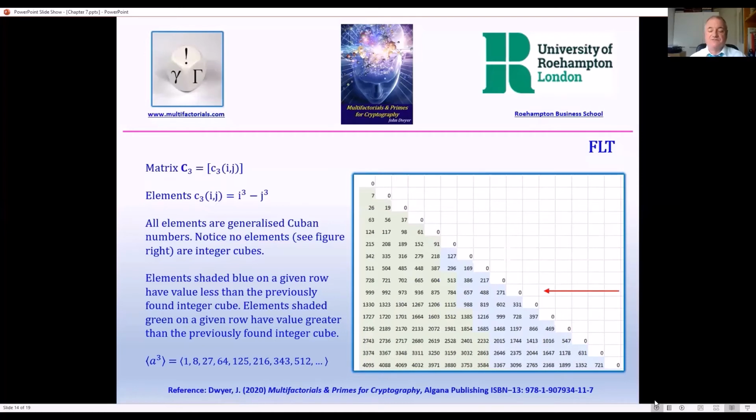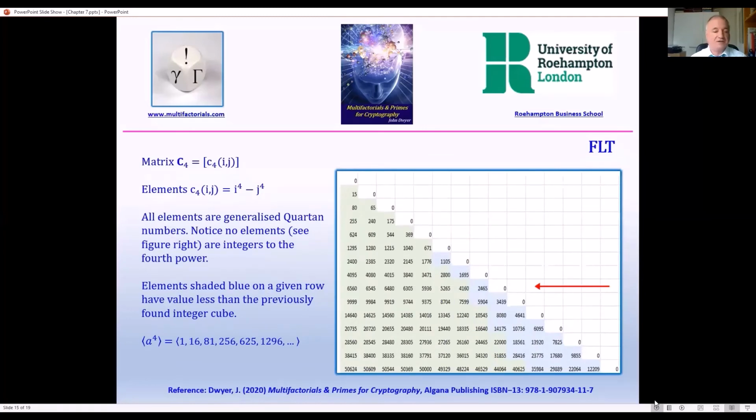Similarly for 488 and for 657. Once we get past the last value of an integer cubed, 784, 875, 936, we see that these numbers cannot possibly be integers cubed. The next integer cube that we get, as we get to the end of the row, 999, we add 1 to that, and that's the next integer cubed.